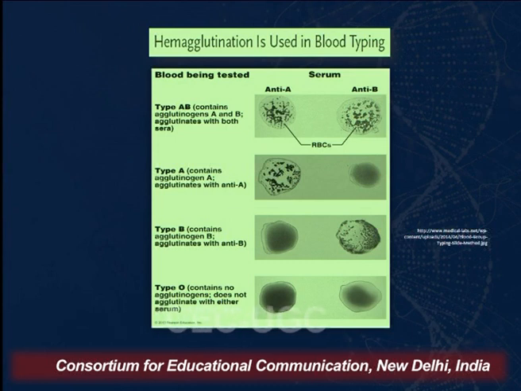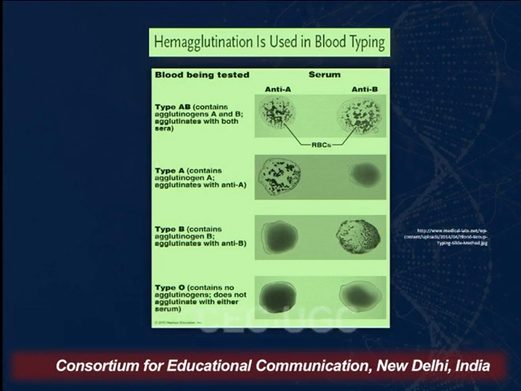In the case of type A, only antigen A is present, so only the anti-A serum will give the agglutination reaction. The anti-B serum won't give an agglutination reaction because of the absence of that antigen in the sample.